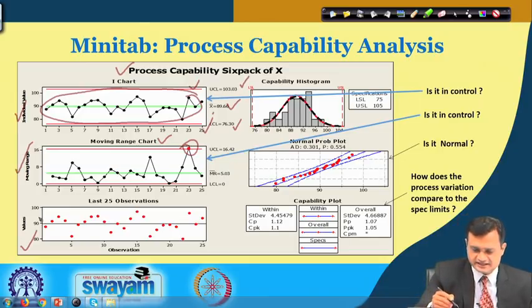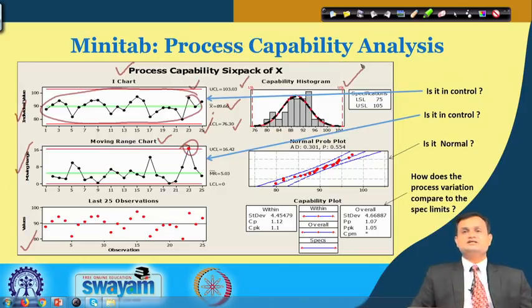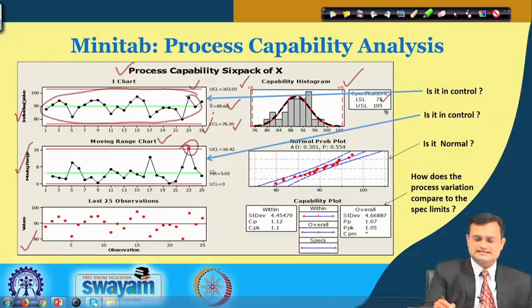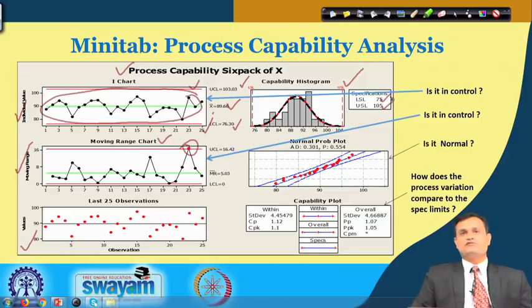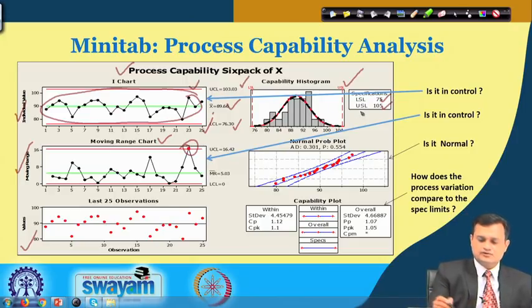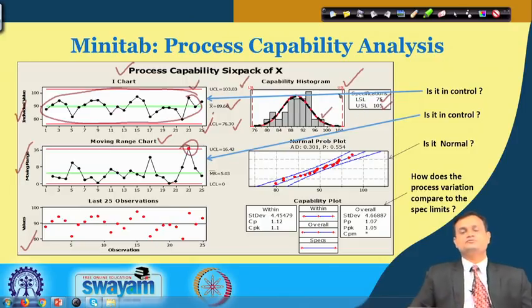Now, you can see the capability histogram, with specifications LSL 75 and USL 105. This histogram helps you appreciate to what extent your assumption about normality is true and whether your data follows the normal distribution or not.